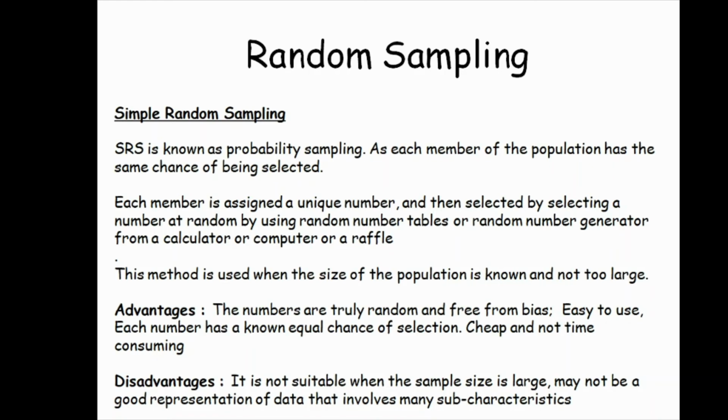And also, when you are selecting things randomly, it might not necessarily be a good representation of data which involves many subgroups. So for example, if I'm wanting to do a survey on whether fizzy soft drinks are sold at school, and I picked a random sample of 30 students out of 3,000, you might find that the people I've selected don't drink fizzy drinks.